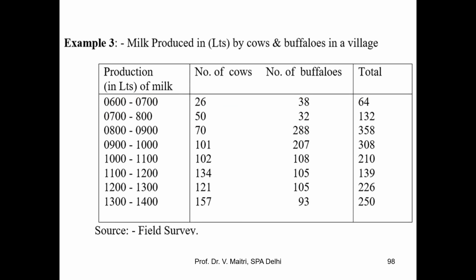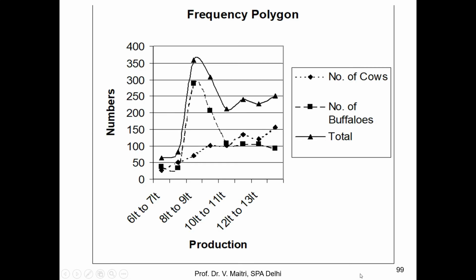Milk produced in liters by cows and buffaloes in a village. Total production is given in liters, 600 to 700 liters, with number of cows and number of buffaloes, and the total is given: 64 liters, 132 liters, 350, 30, 250 liters. Now I have to draw the frequency polygon.